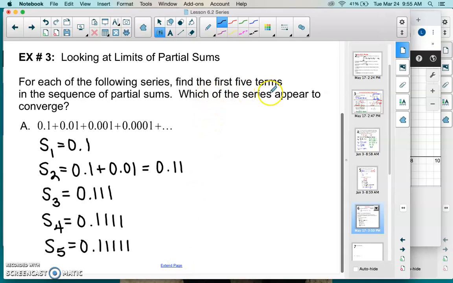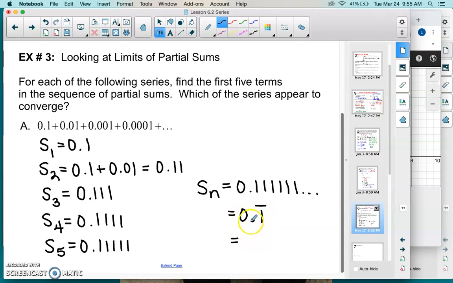And it says, which of the series appear to converge? Okay, so we're looking at these sums. If I add up the first 2 terms, and then I add the first 3, and then I add the first 4 and the first 5, we could make an assumption that every time we add an extra value, you're basically just adding an extra 1 to the end, right? Forever. And if you look at this number as a decimal, this would just be 0.1 repeating, right? 0.1 repeating. And I don't know if you know this, but 0.1 repeating is equal to a fraction.